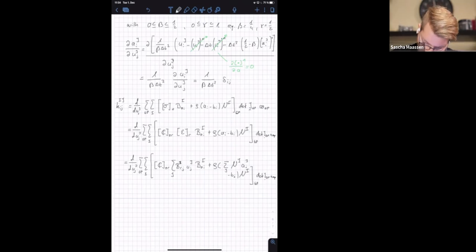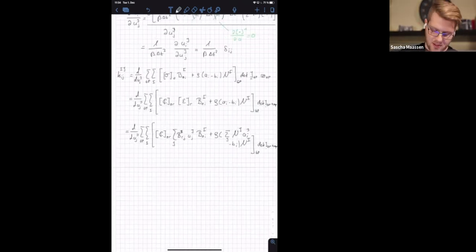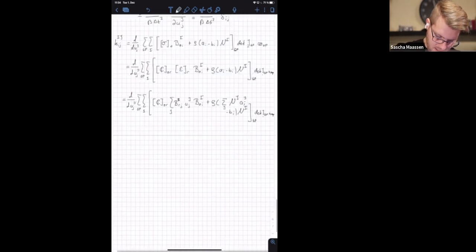Okay, so here we have, of course, just still I in place. And the next part, I'm sorry for this messy equation, but simplification is straightforward.